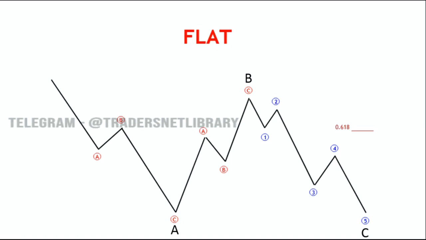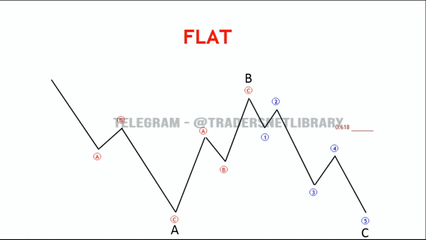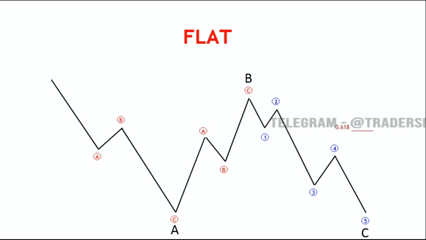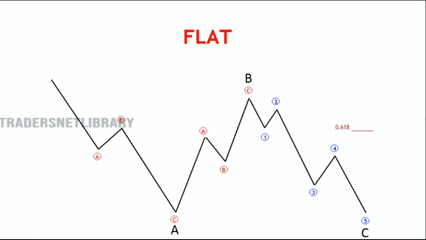Usually, according to the common styles of Elliott wave theory, such as Miner, Preacher, and Neely approach, when we have the flat pattern, the B wave cannot correct the A wave less than 61.8.